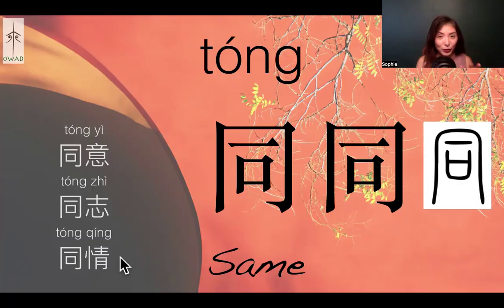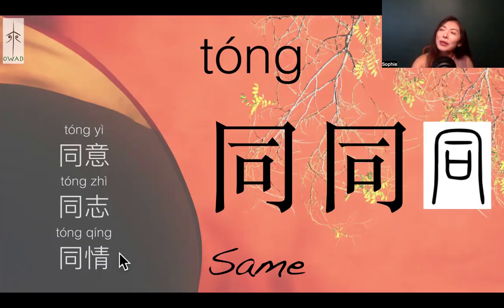Which also gives you the sense that you need to stay in a kind of balance, not to lose your vision of the mixture of this color of life. And this 青 color, when paired with the heart symbol, became 情, emotions. So 同情, same emotions. It's a Chinese way to say empathy.